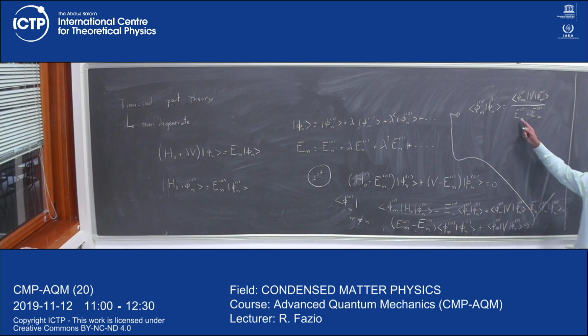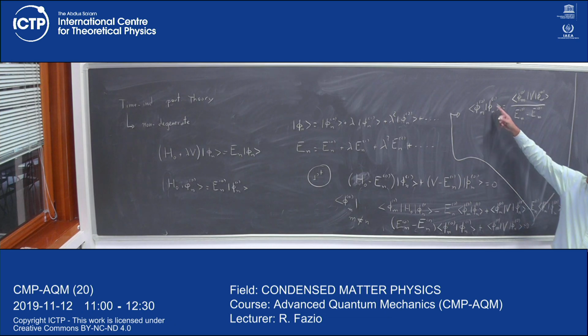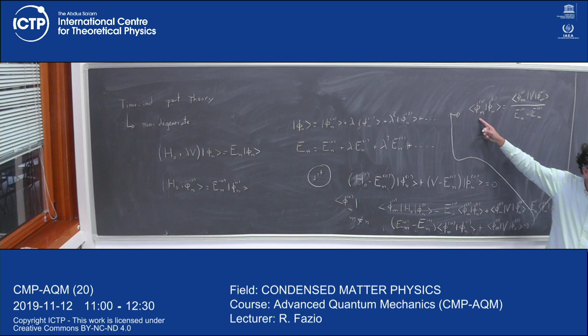Now, when I said that we should not worry about zeros in the denominator, I was referring to here. So this is all well defined. Now, what is this term? The component of the vector phi 1 on the direction phi 0. Okay?